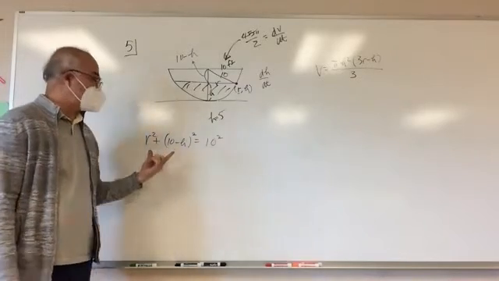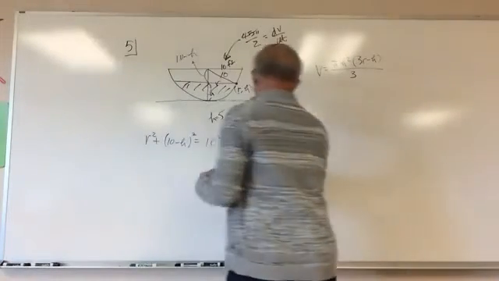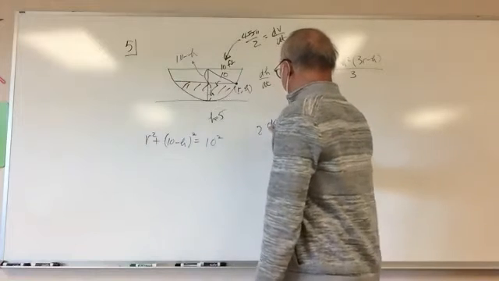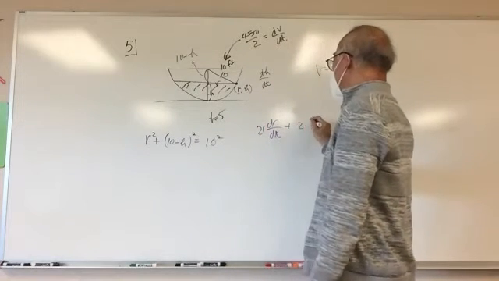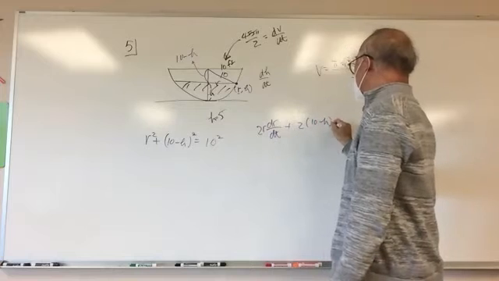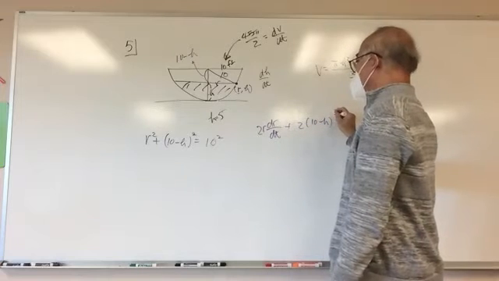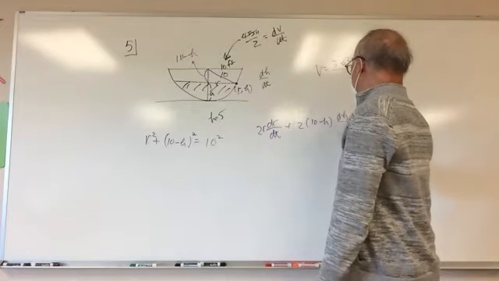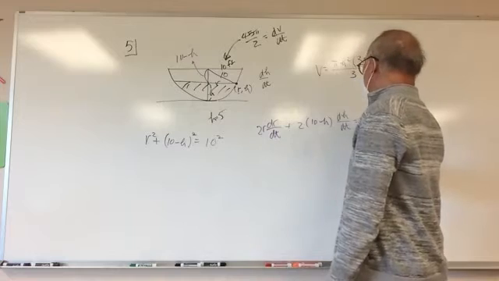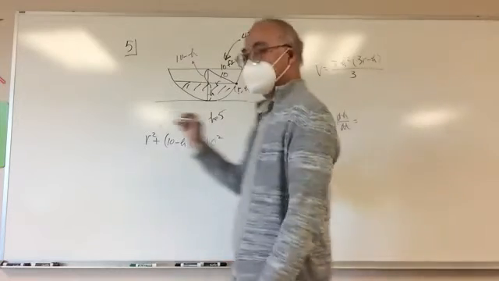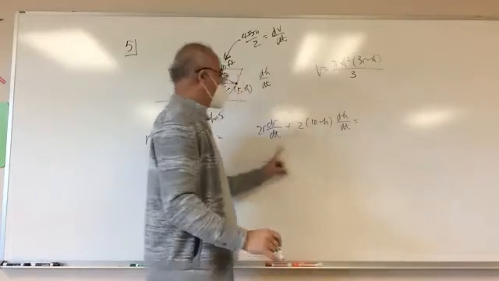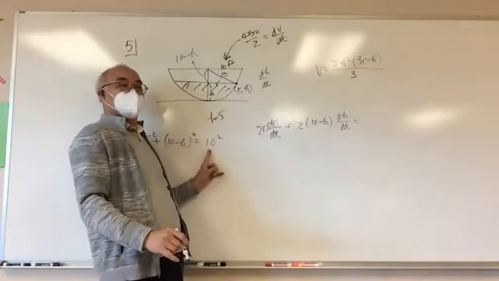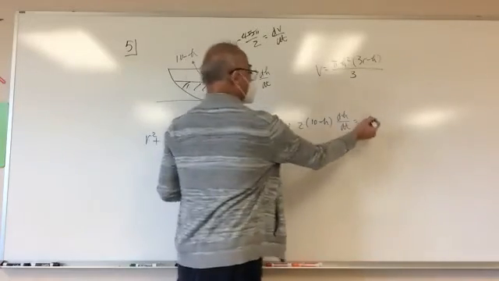If I take the derivative: 2r dr/dt plus 2(10 minus h) times dh/dt is equal to, what's on this side? Nothing. 0, right?